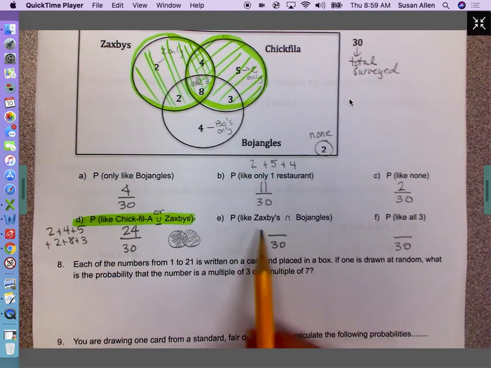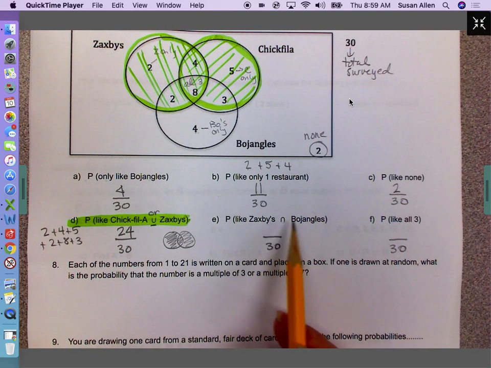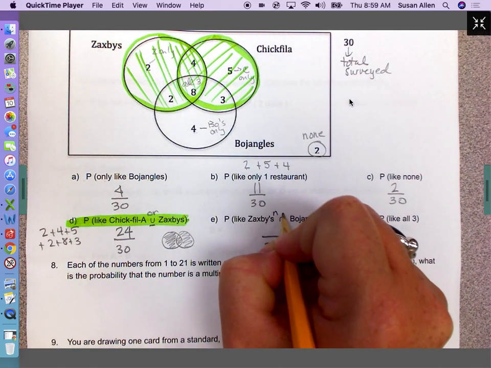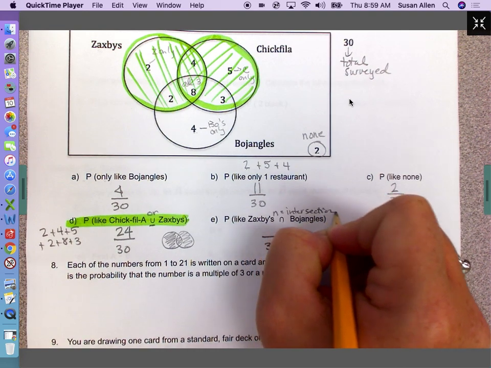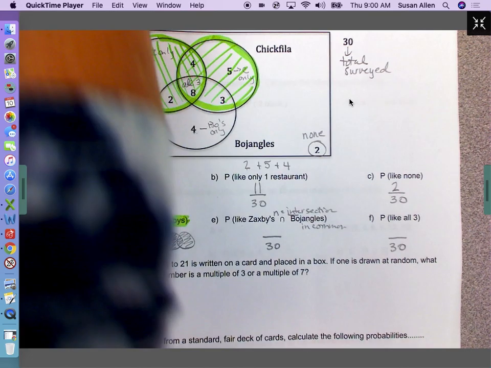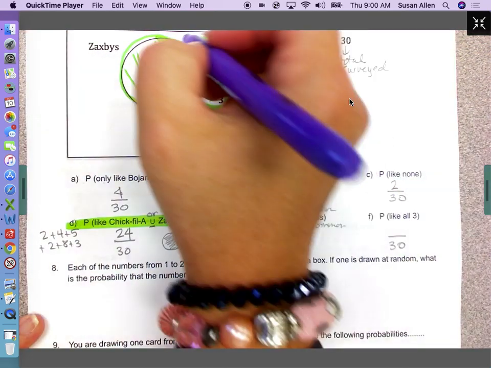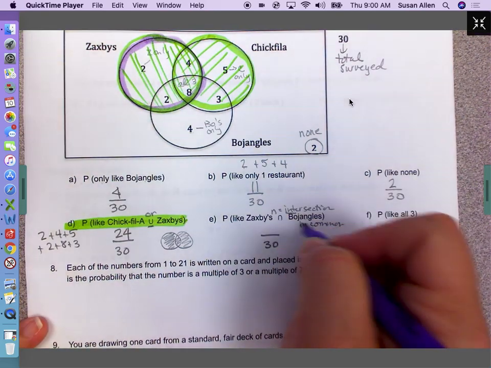For E, it says, what is the probability that a student likes Zaxby's and Bojangles? This is an intersection. Intersection, remember, in common. So I'm going to pick a different color. Zaxby's and Bojangles.